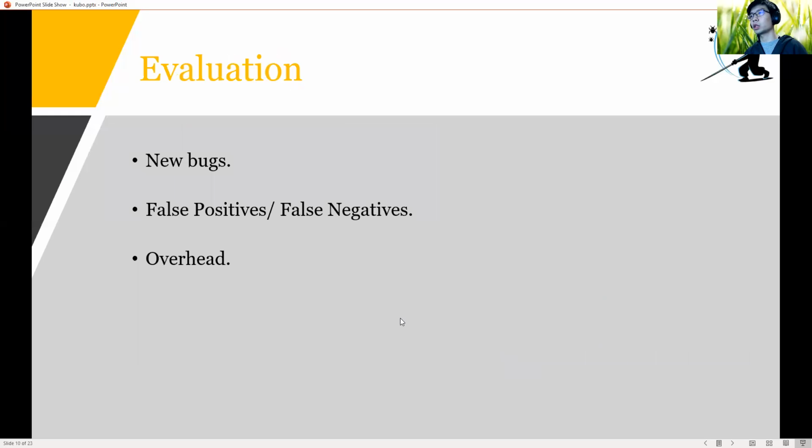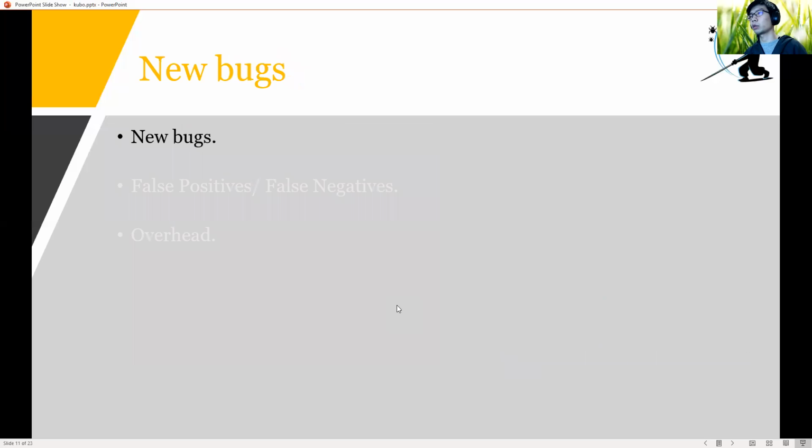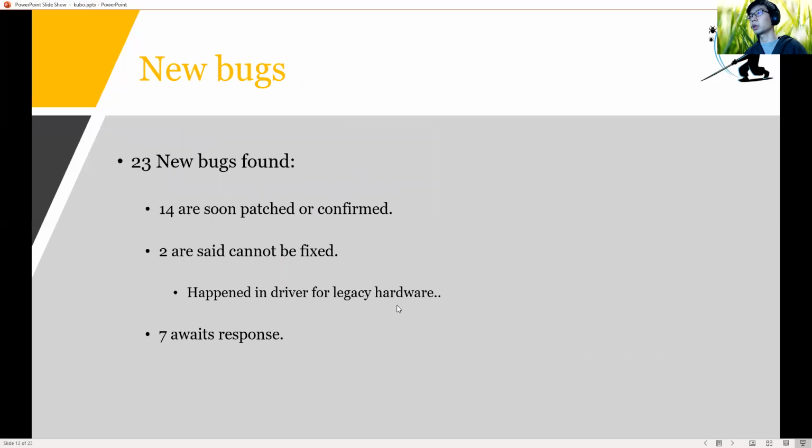In evaluation, we look at how many new bugs it can find, how the false positives and false negatives are and why, and how much time is required to run the whole framework. For the new bugs, we apply this work, KUBO, to the latest Linux kernel and find 23 new bugs, given that the Linux kernel has been extensively tested against this kind of bug.